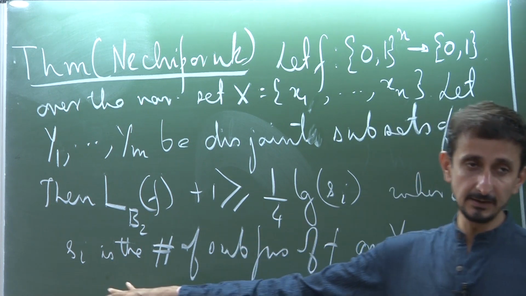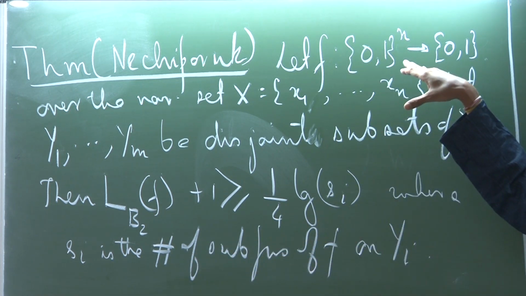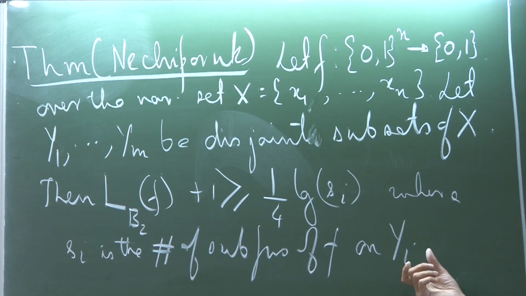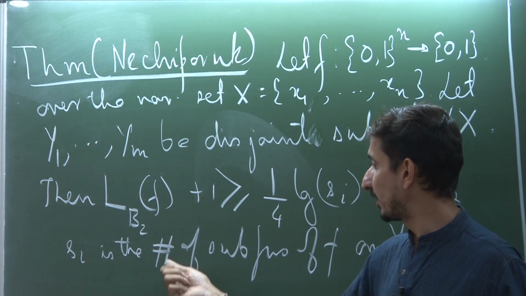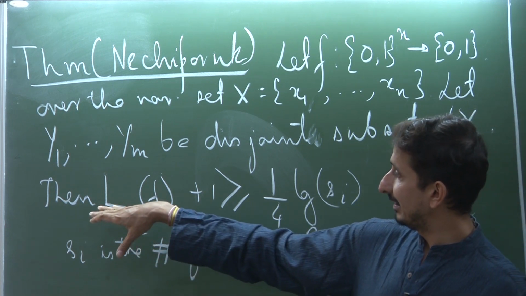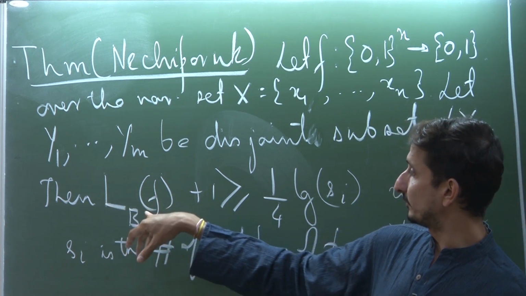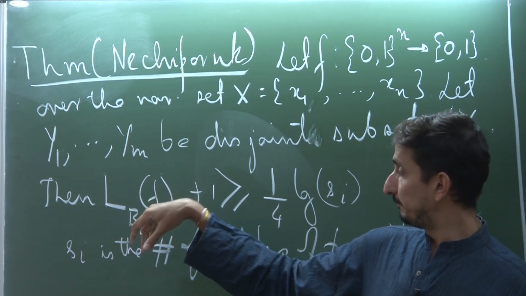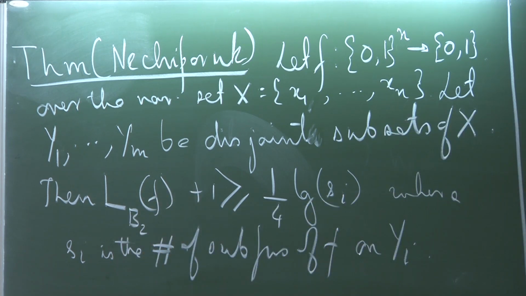Let Si be the number of subfunctions of f on yi. Basically, the number of distinct subfunctions restricted to yi. Then the number of leaves of this function f, I mean the formula size of this function f over B2, is greater than or equal to 1/4 log of Si.